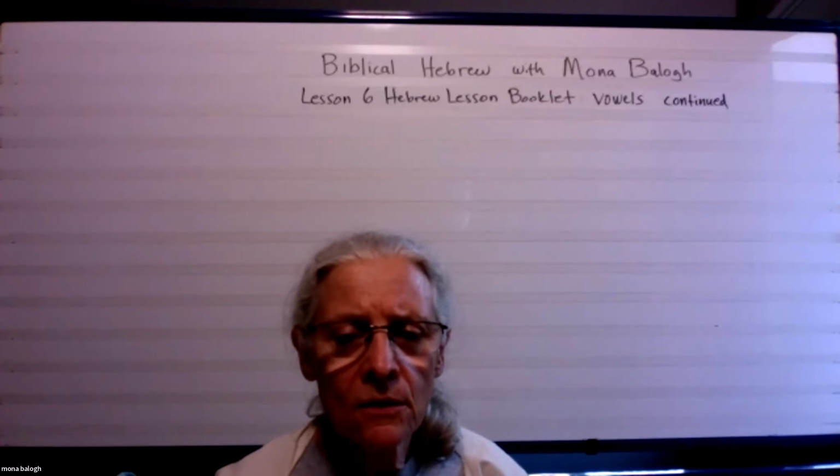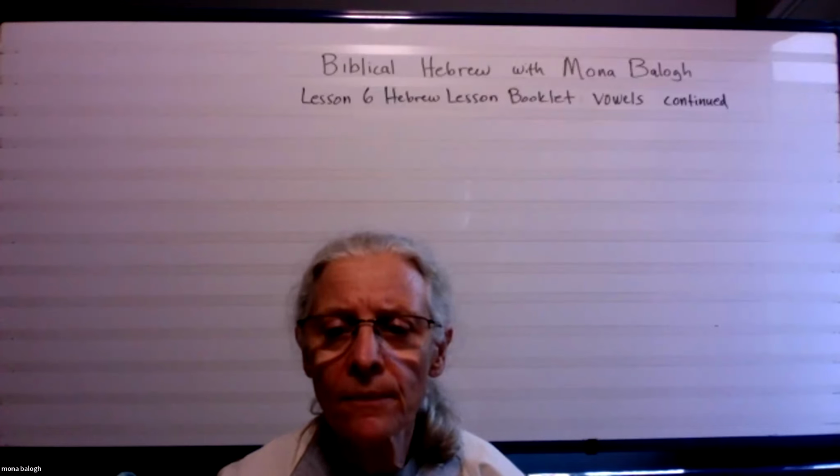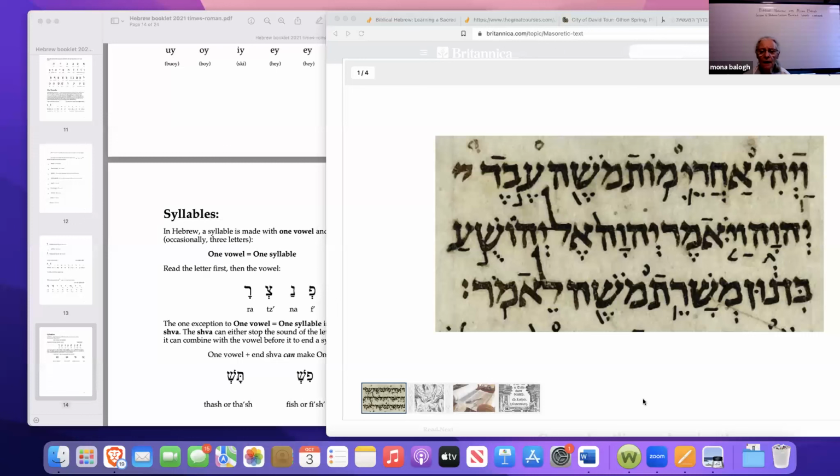All right, let's screen share here. This is from Britannica.com talking about the Masoretic text. Remember, the Masoretic text is the text that we have with the vowel markings.